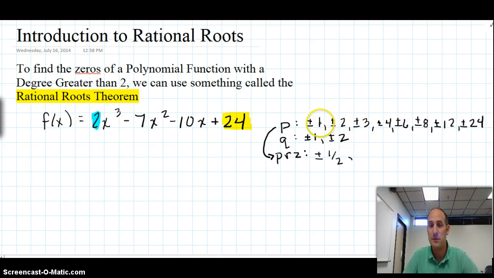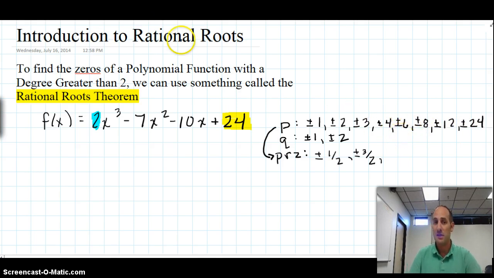We've already listed 1, so we don't have to write it again. 3 divided by 2 is new, so we're going to write 3/2. 4 divided by 2 is 2, already got it. 6 divided by 2 is 3, already got it. 8 divided by 2 is 4, we've already got it up here listed with the P's. 12 divided by 2 is 6, great. And 24 divided by 2 is 12, so that one's already listed up there as well.